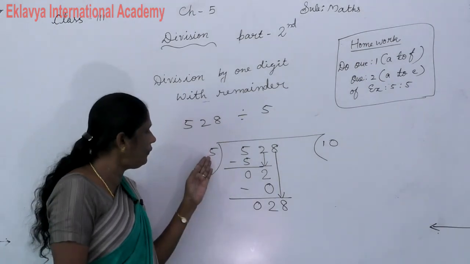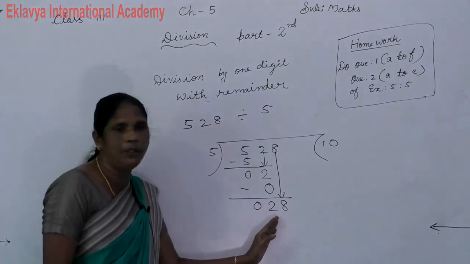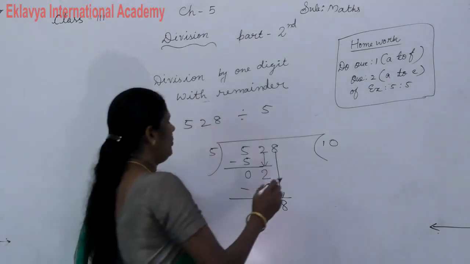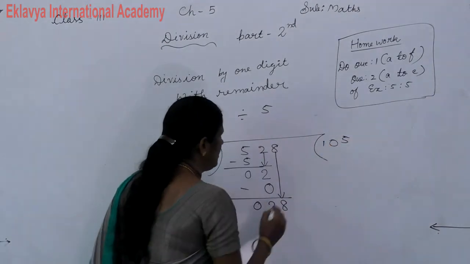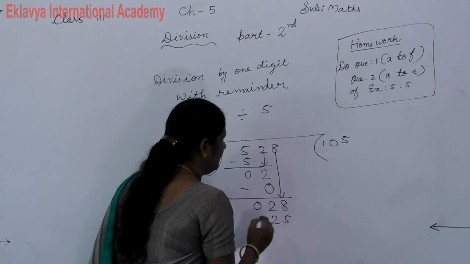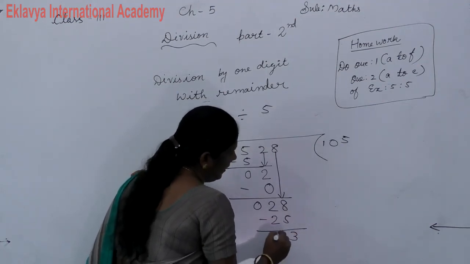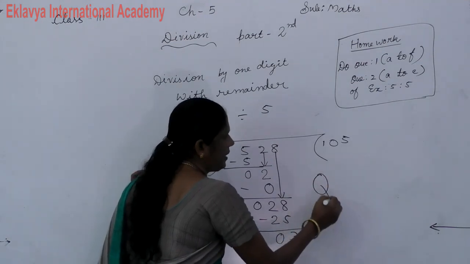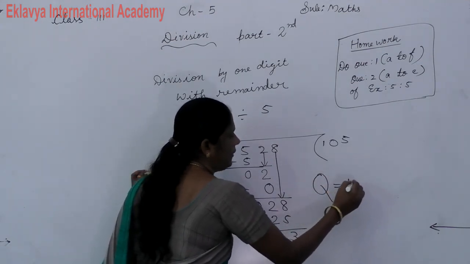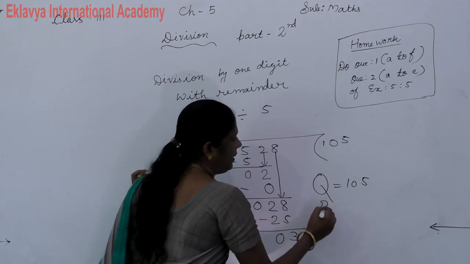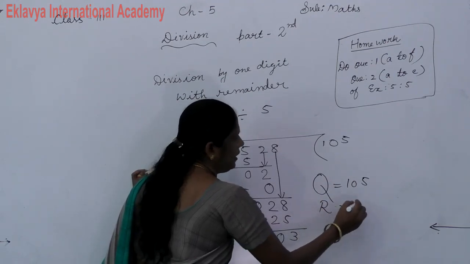The table of 5, how many times come in 28? 5 times 25. Then subtract this. Then quotient is equal to 105. Remainder is equal to 3.